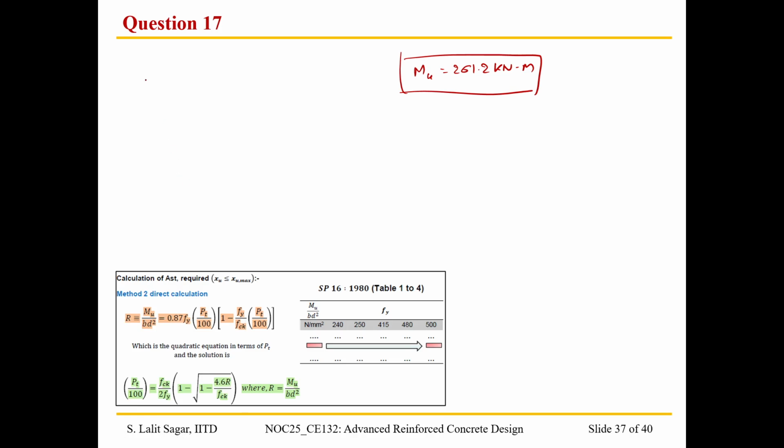So we have pt by 100 is equal to fck by 2fy into 1 minus square root of 1 minus 4.6 R divided by fck.